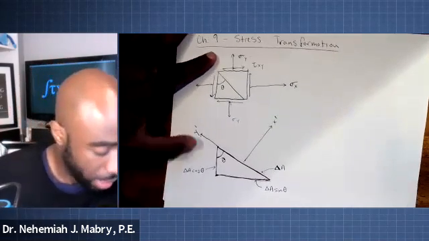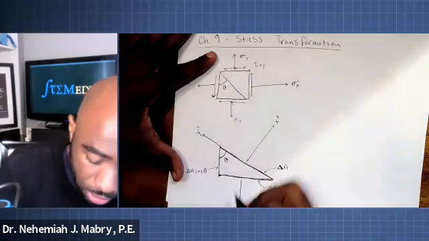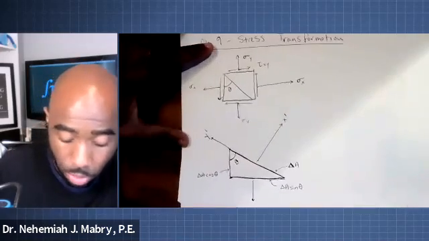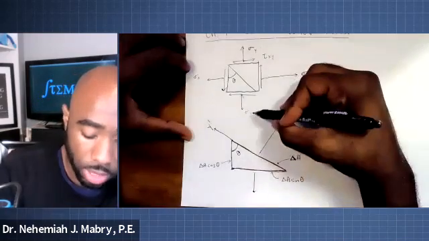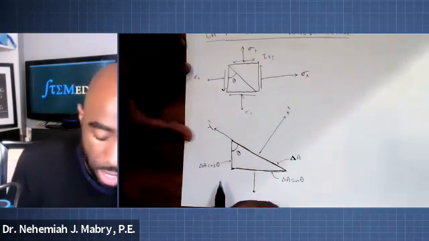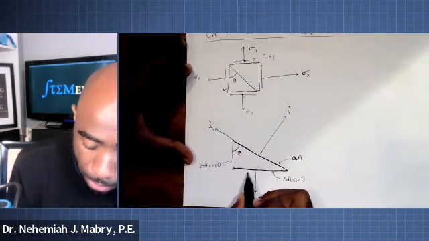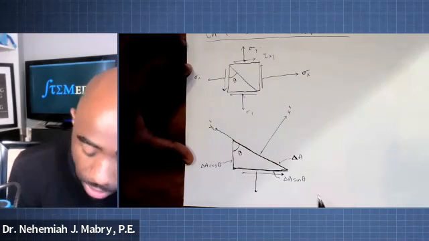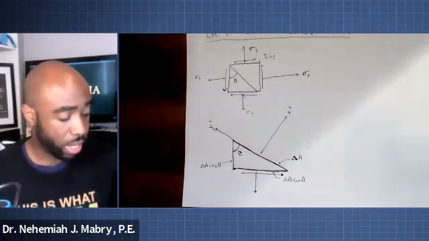Now, if this had a perpendicular force coming out of this side, which we see here, we already know that this is in line with the sigma sub y here, and this side had, let's say, a shear stress going in this direction, shear stress tau xy.